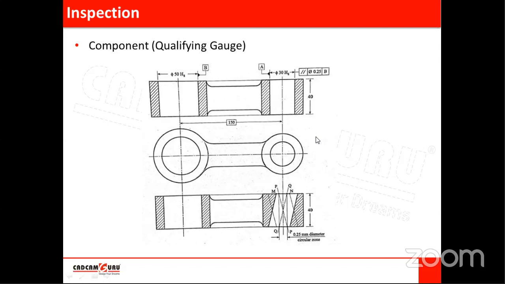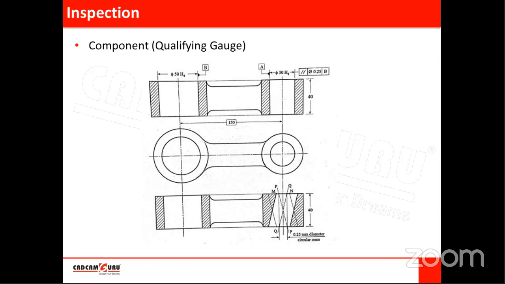Blind persons have a good sense of touch, so the owner used that quality and appointed blind persons as quality inspectors in his industry. They just take the qualifying gauge, take the component and try to insert it. If it is fitting properly, they judge whether there is perfect contact or not, and they can easily decide accepted or rejected component.